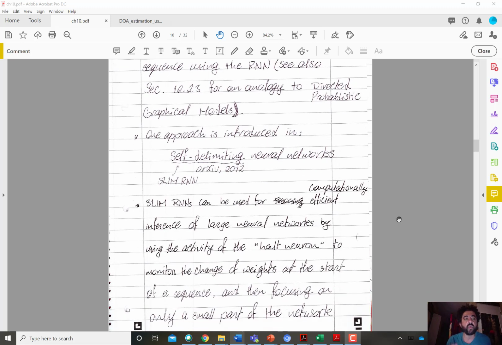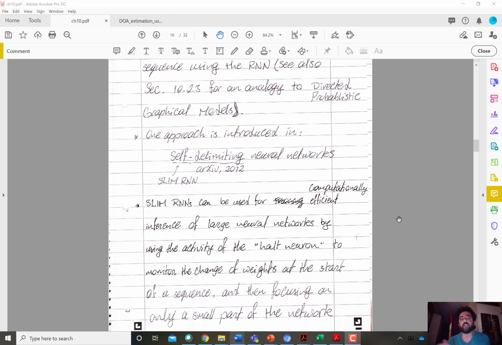Because it has roots in theoretical computation, or theory of computation, where in Turing machines you have this hold symbol that determines that this is an end of a sequence, whether this sequence is input or output. If you want to read more about that, you could read about the hold symbol of Turing machines.